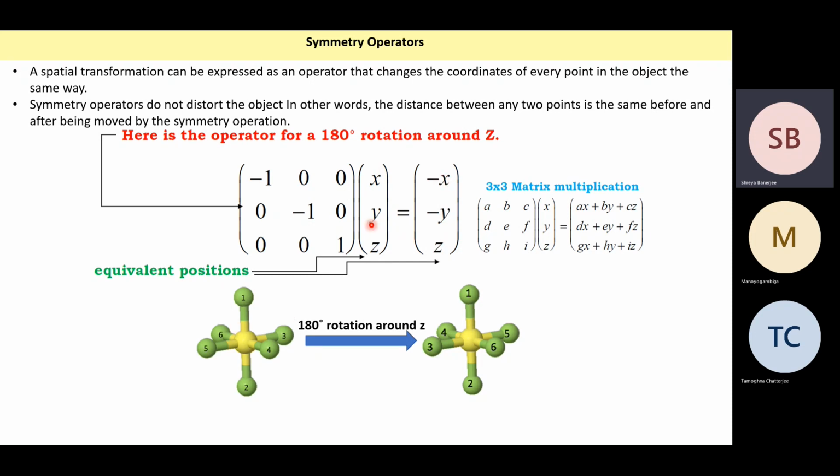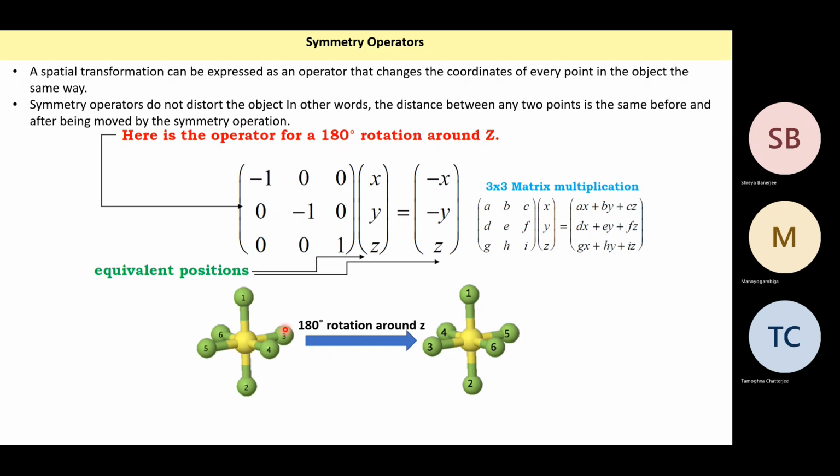Suppose you have this molecule. If you make this molecule undergo 180-degree rotation around an axis passing through this line, then 3 and 5 will exchange positions, as you can see, and 4 and 6 will exchange positions.